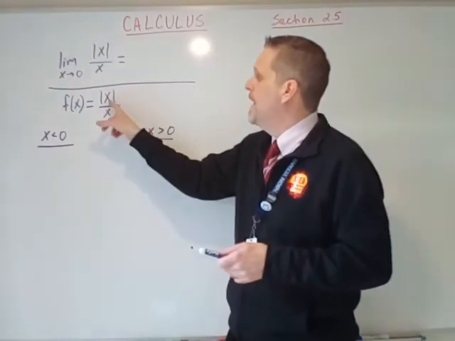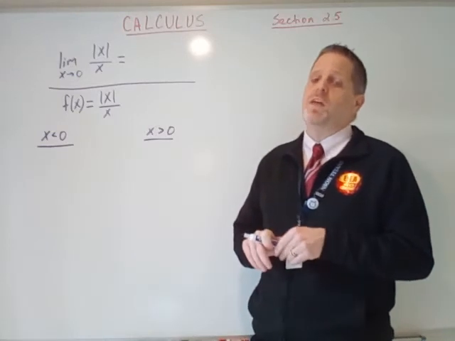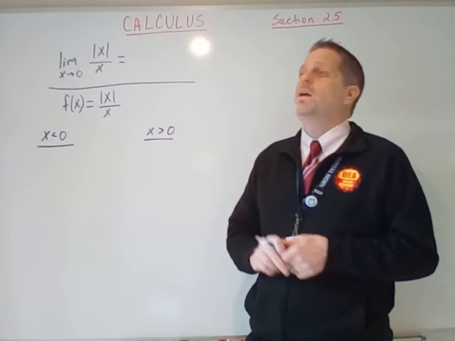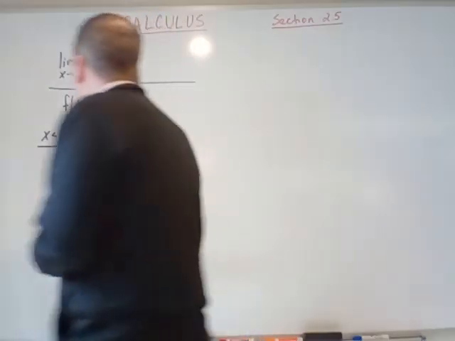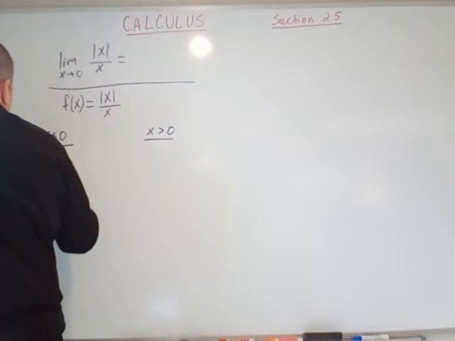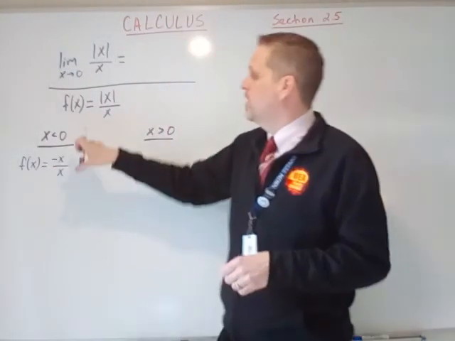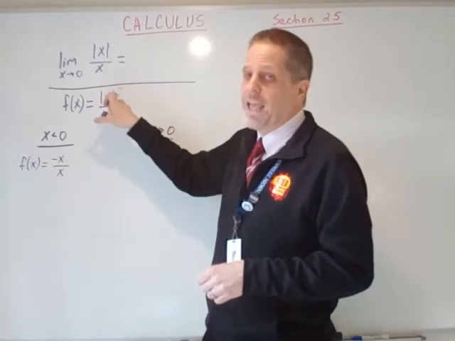and if we plug in negative numbers here, the absolute value takes the opposite of them. Now, we can take the opposite of numbers without the absolute value sign. We can use a negative sign. So what that means is f of x to the left of 0 behaves like opposite x over x. When we are to the left of 0, the critical value of 0 here, we plug in negative values.